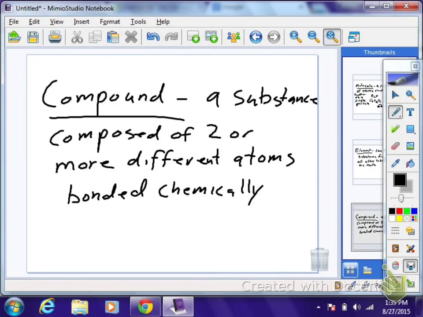Okay? So a substance composed of two or more different atoms bonded chemically.